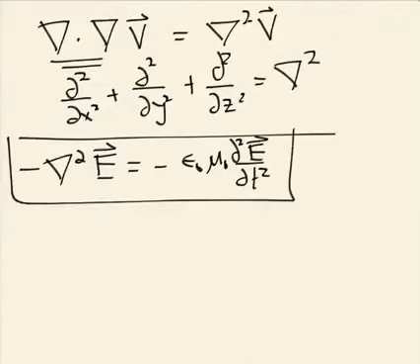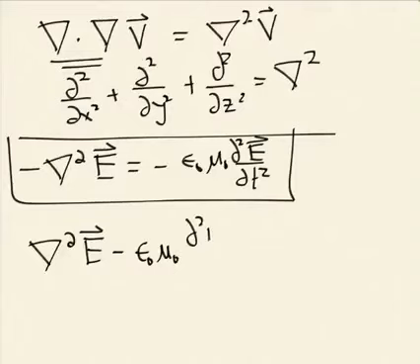And so this is our wave equation in vacuum. It's usually written in the following way. I'll just take this to the other side, and here's my wave equation. Actually, let me write it one more time to make it look like what we do for waves on a string.